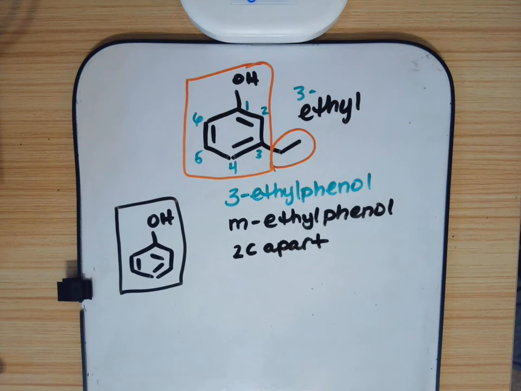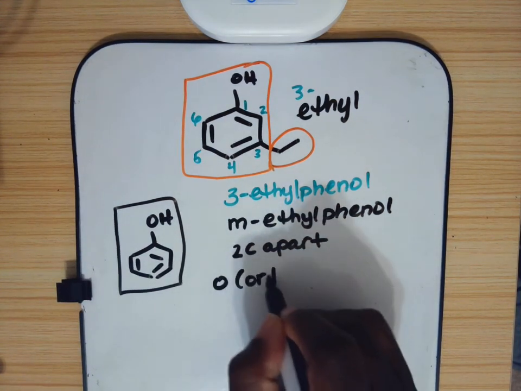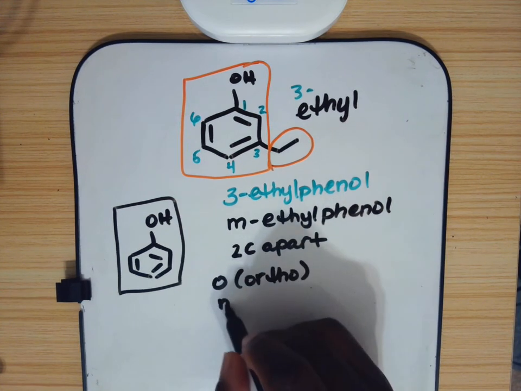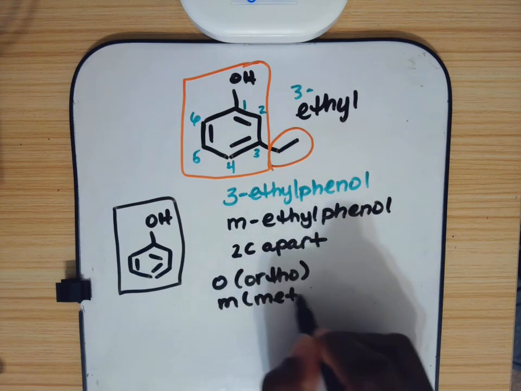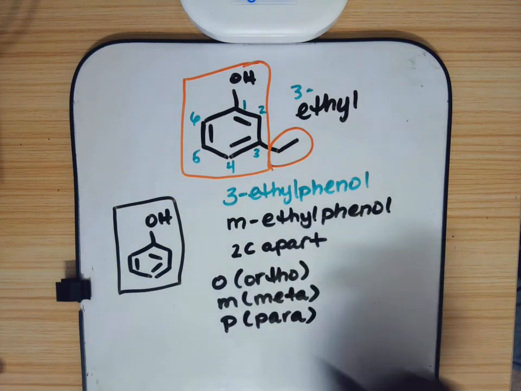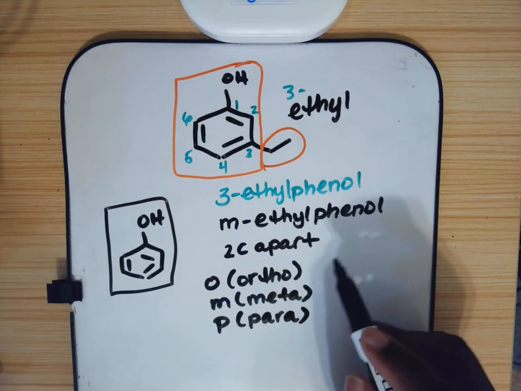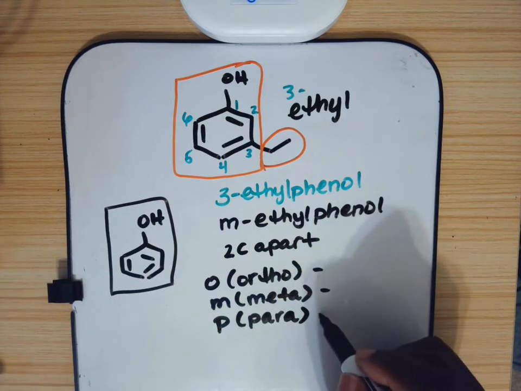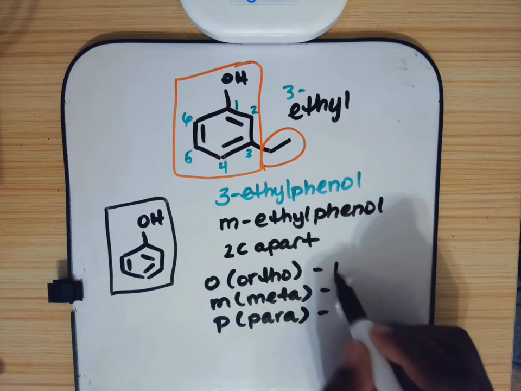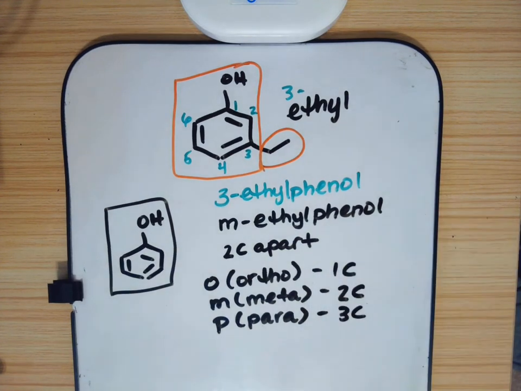And so you may also see ortho, and you may see meta, and you may see para, if you're looking at substituents that are on an aromatic ring. Ortho, meta, para: 1 carbon, 2 carbon, 3 carbon apart.